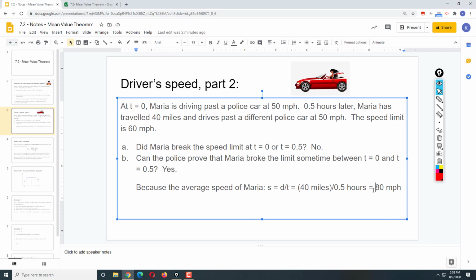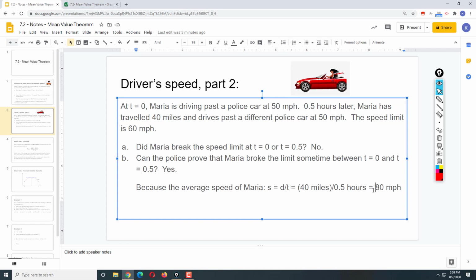But you might say, okay, maybe she didn't drive at 80 miles per hour the whole time. Maybe at some point she's going slower. She's not going 80. She's really only going at 55. That is not breaking the speed limit. The problem is if she is going below the average speed at some point, she must be going above the average speed at some other point in this interval.